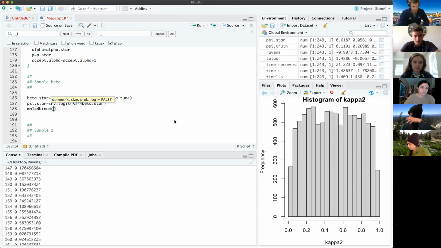So the probability that the site is truly occupied, z, Bernoulli, instead of binomial, we're specifying a Bernoulli, that's what the one is. And then the probability is psi dot star.